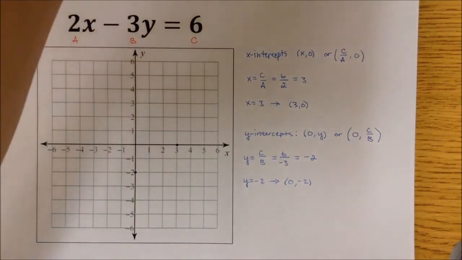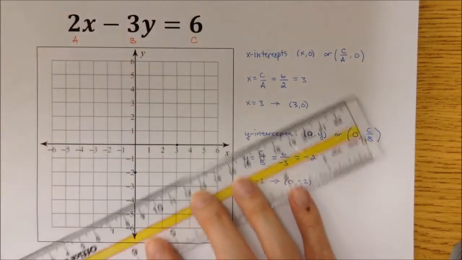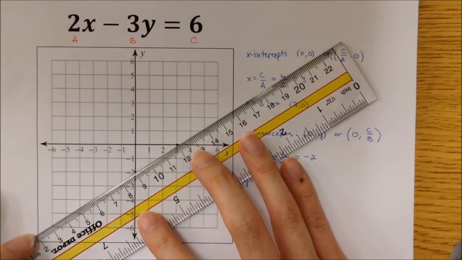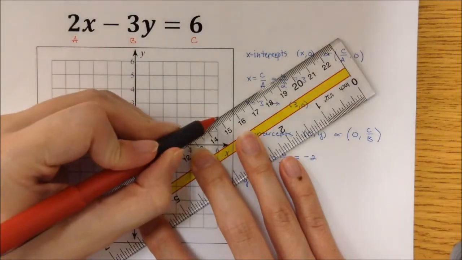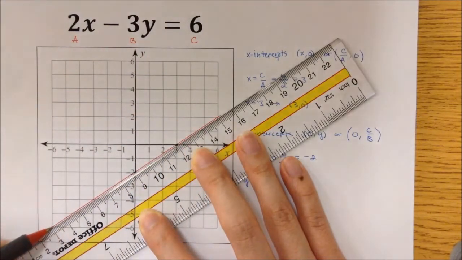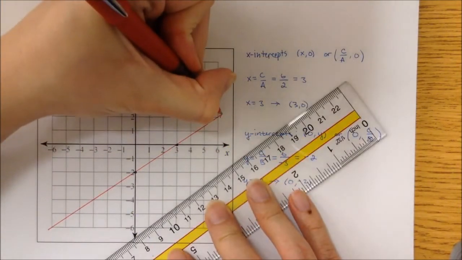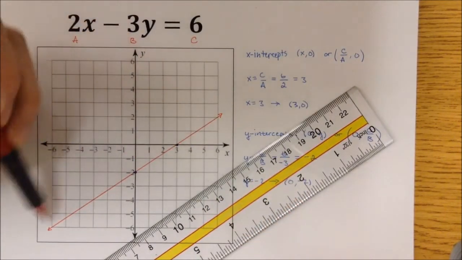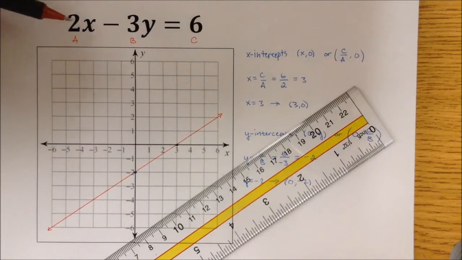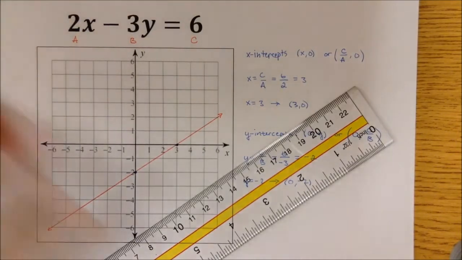And then, using my ruler, connect these 2 points to make our line. So here is our graph of the function 2x minus 3y equals 6.